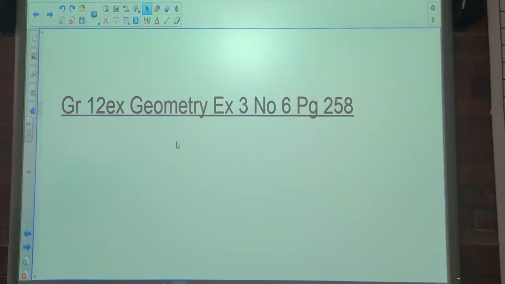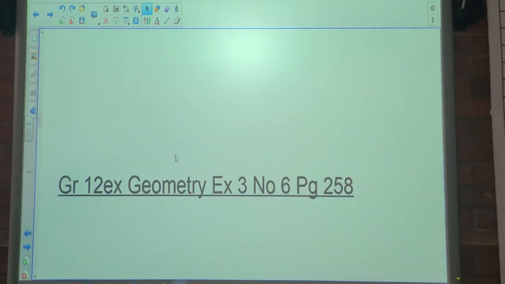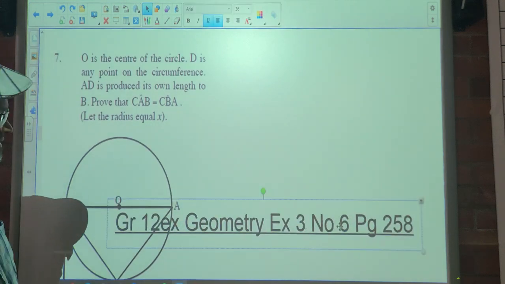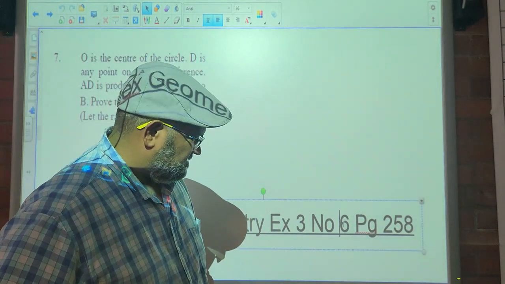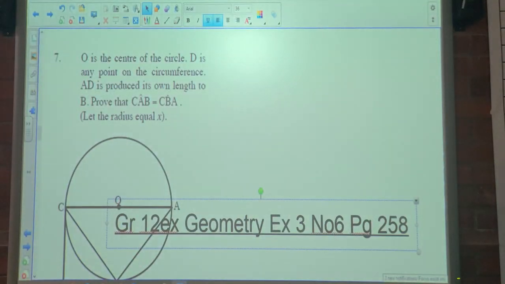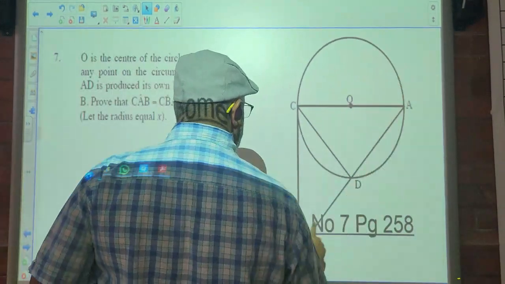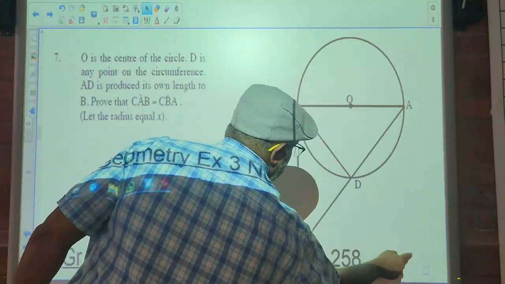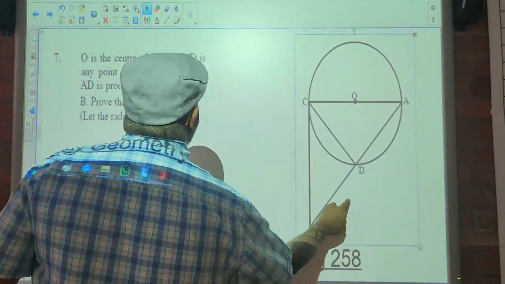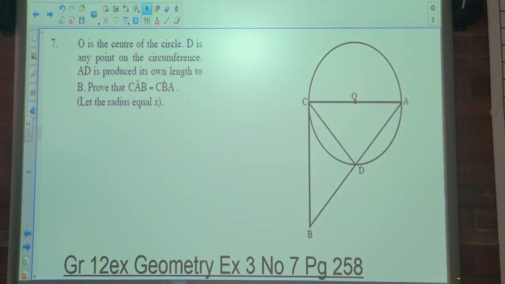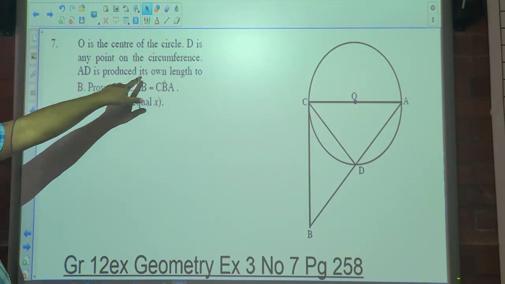Number 7, we are told that O is the center of the circle. C is any point on the circumference, AD produced its own length. What does that mean?